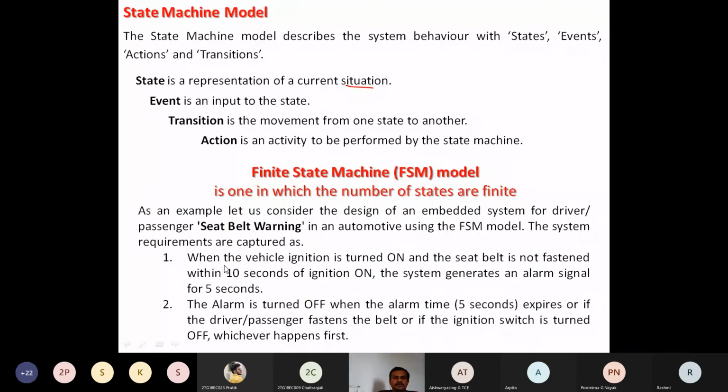Because of this complex example, I told you a simple example, that is the button. With respect to the keypad button, we look at that problem with three states: button press, button hold, and button release. Similarly, if I look at this seat belt warning system, anyone who is familiar with the car can discuss.